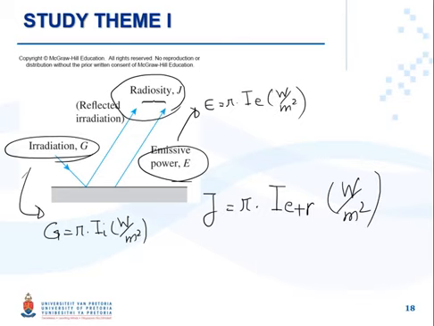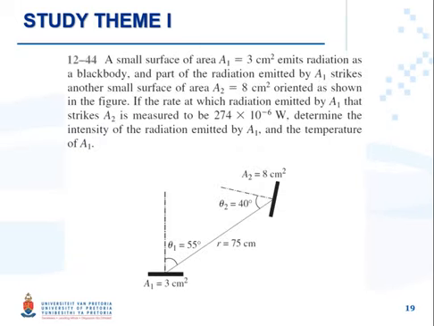But let me solve two examples for you to see how we can use these concepts in practical applications. So this question is 12.44 of your textbook. As you can see, it's one of the simplest questions that you can get from this section.